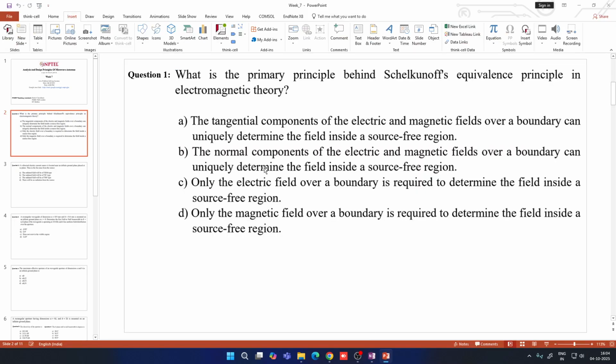I hope the question is clear. It's pretty clear, it's just asking what is the primary principle behind Shelkonov's equivalence principle.